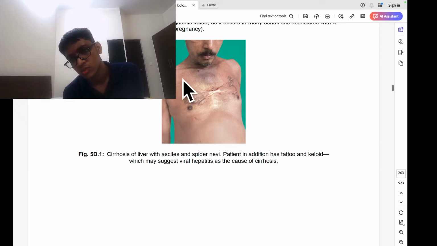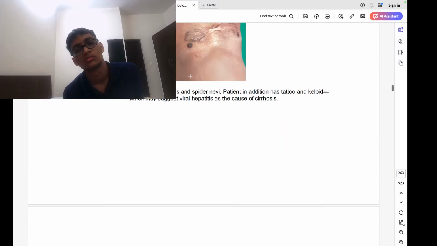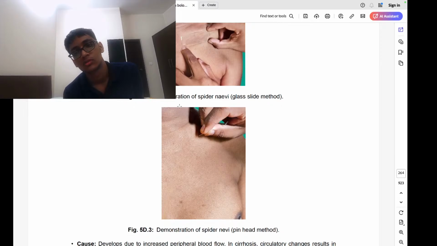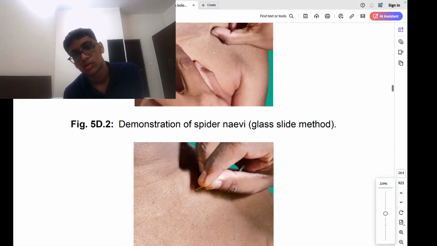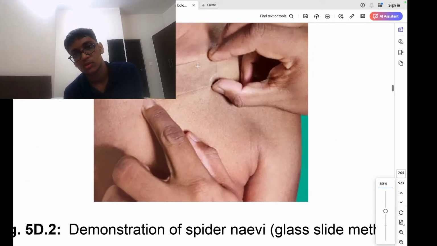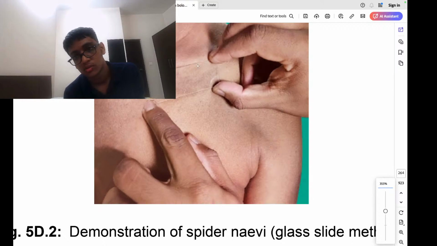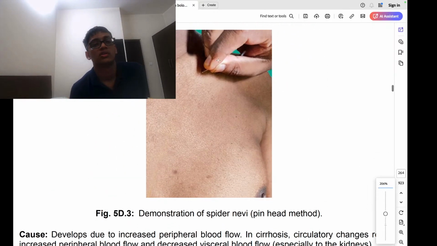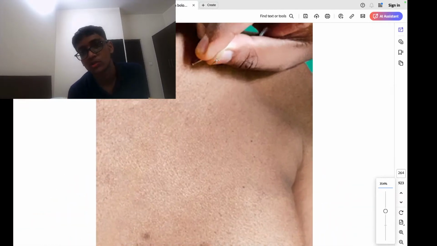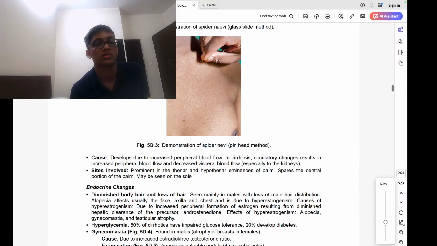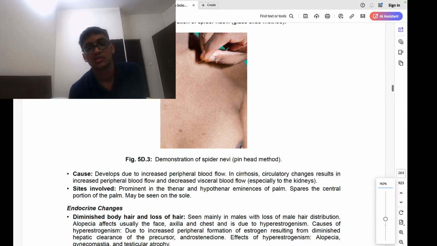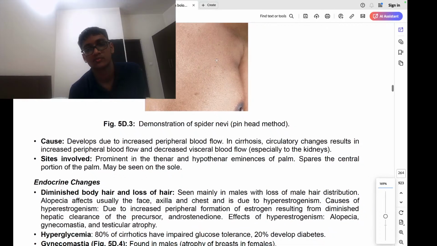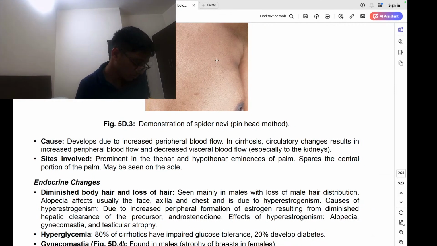Spider telangiectasia must be right here. Yeah, spider nevi, glass slide method. Let's try to zoom in and see. No, I cannot see anything. Then this one. Let's try to zoom in and see. Nothing. I cannot see anything. I don't know why they put such horrible images, but yeah. Let me just try once again.